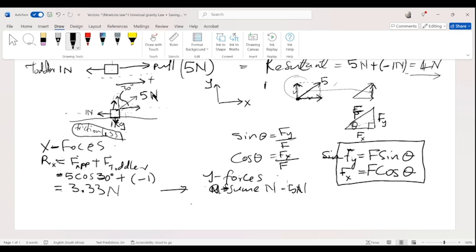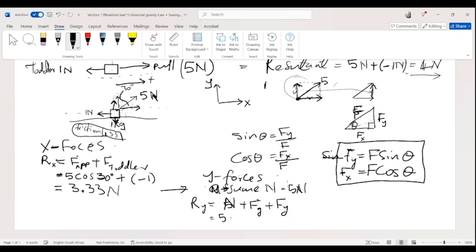It means the resultant force in the y direction will be, let's choose upwards as positive. It will be the normal force plus gravitational force plus the y component of the applied force.